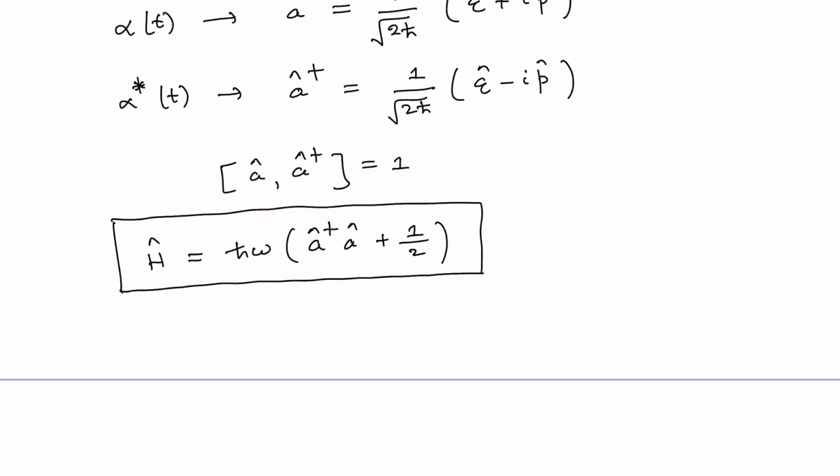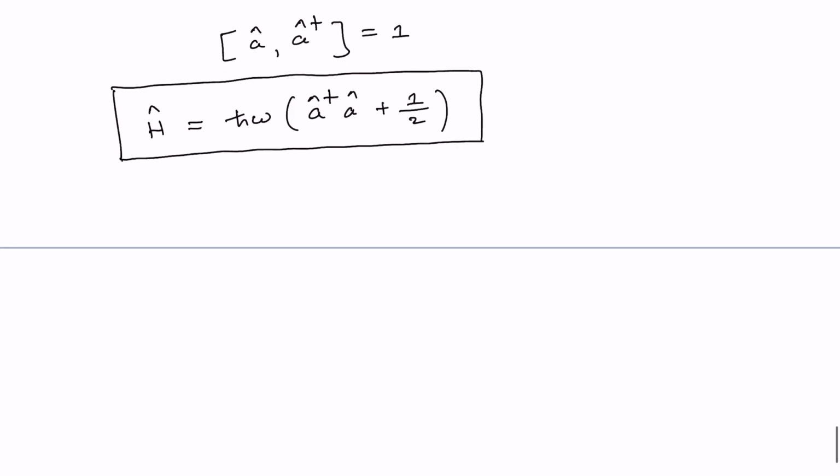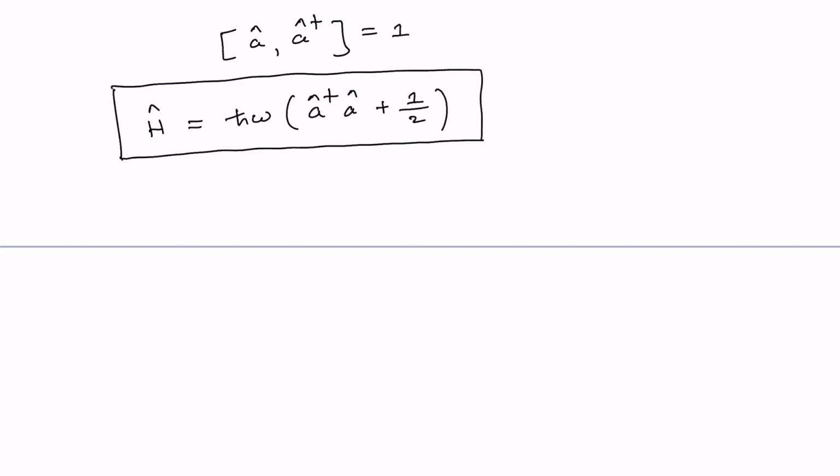In fact, an electromagnetic wave consists of an infinite number of modes, and each mode behaves like an independent harmonic oscillator, and the total quantum Hamiltonian for an electromagnetic wave can be expressed as a sum of the contributions from all the modes.